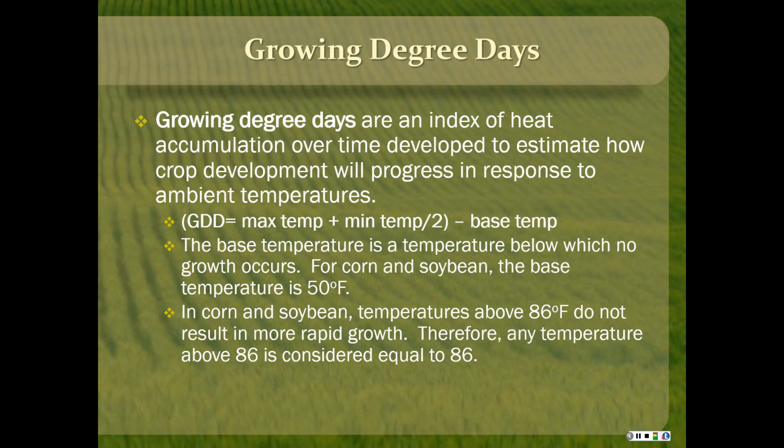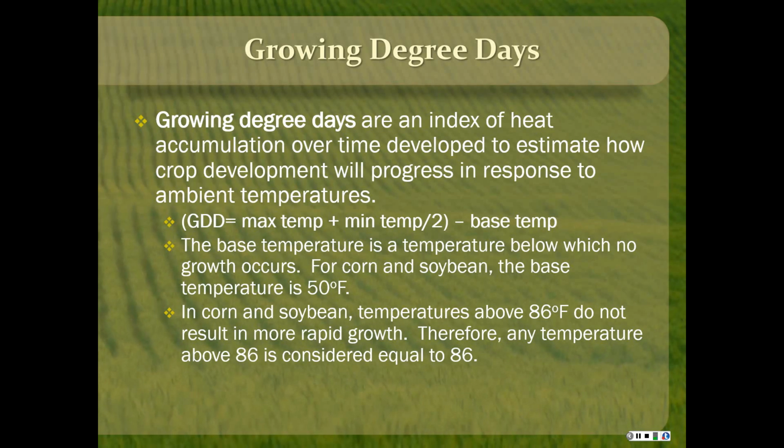A base temperature is just the temperature below which no growth will occur. For plants like corn and soybean, the base temperature is 50 degrees Fahrenheit. So if the maximum temperature for the day is below 50 degrees Fahrenheit, the plant will just sit there. It won't really grow at all on that day.